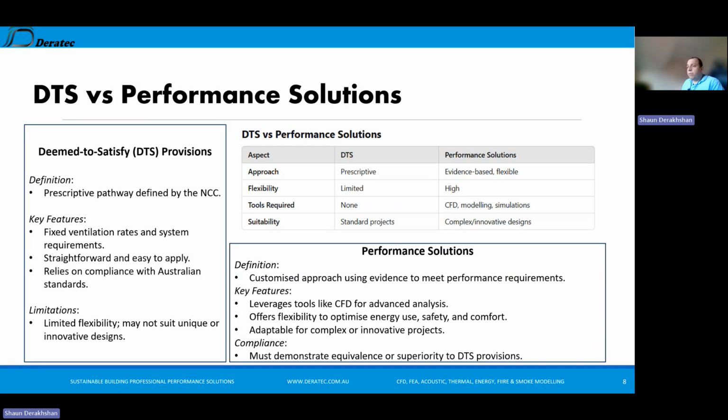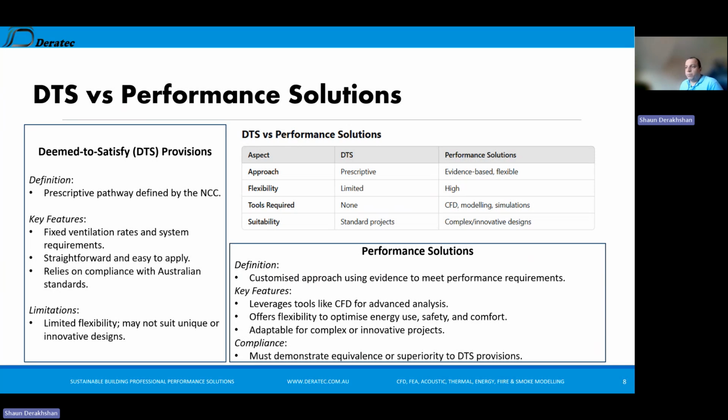Here, performance solutions come as a customized approach using evidence to meet performance requirements. The key factor is that we need to use tools like safety analysis, and we need to show that this approach is better or at least equal to DTS.